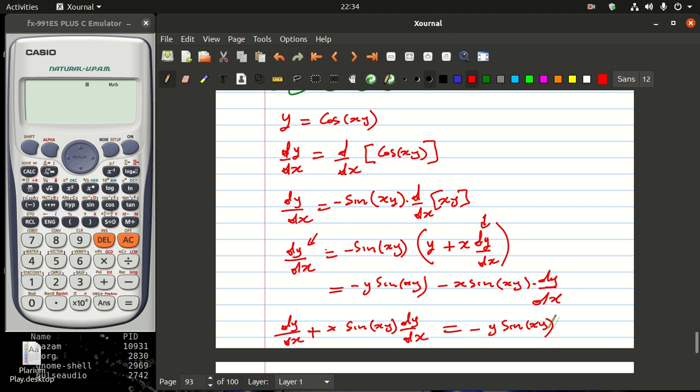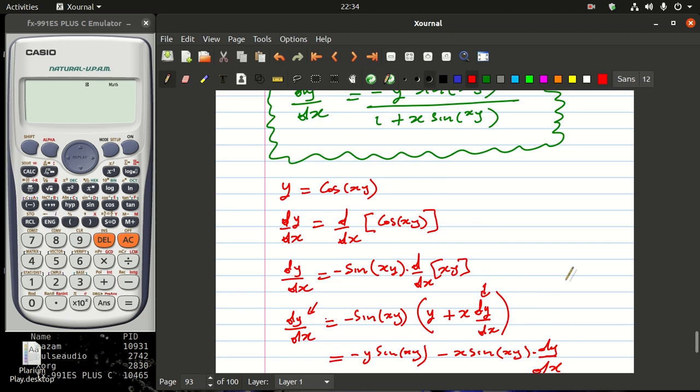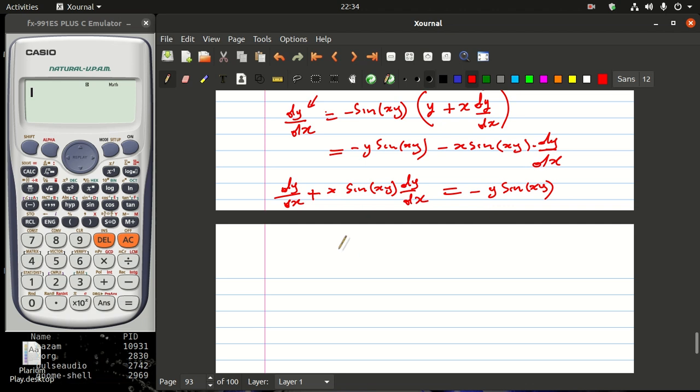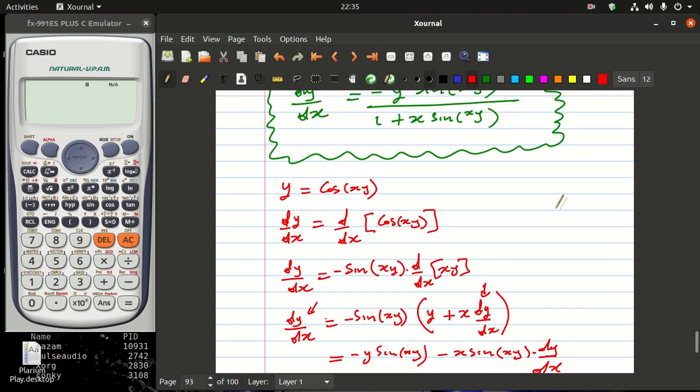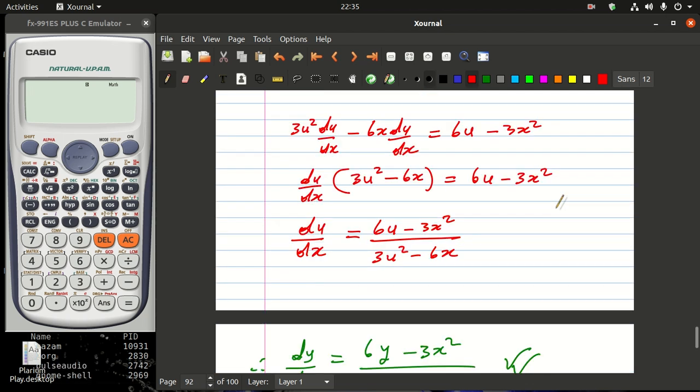And then after having something of this particular nature, we ended up saying that I can factorize here, and then after factorizing I ended up having dy/dx is just equal to minus y sine of xy, and then I divided this by whatever was inside, which was just 1 plus x sine of xy. Hope you understood this whole thing, because this is how the implicit differentiation is actually working.